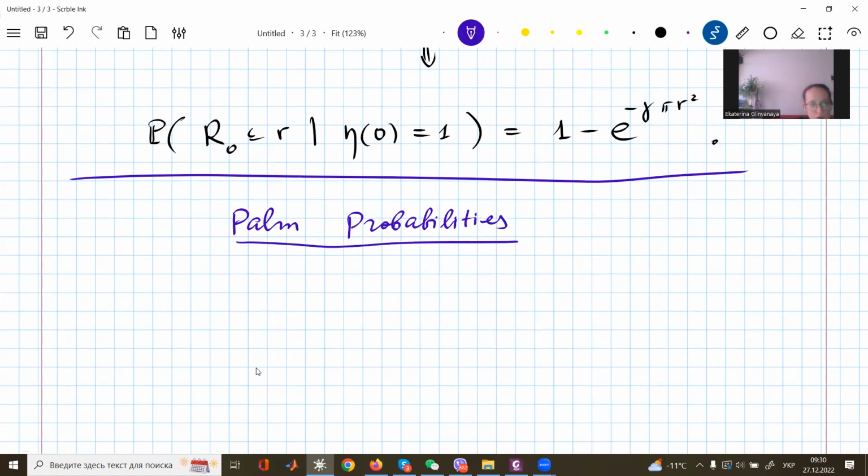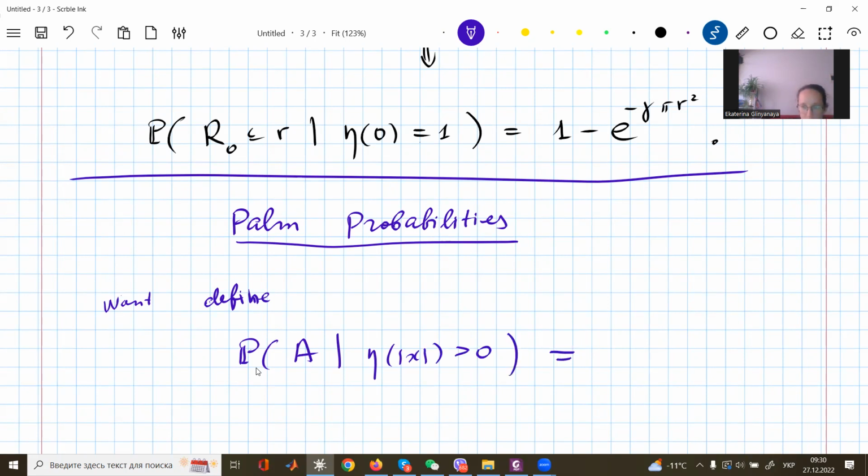We want to define the probabilities of some event A under the condition that at point x we have a point.